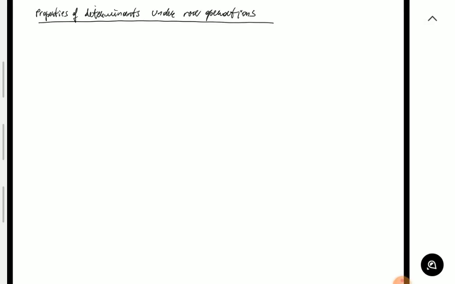All right, so let's describe in a schematic way how the determinants change under row operations. I'm going to write here some sort of a table. Let's say you have the original matrix in this column.